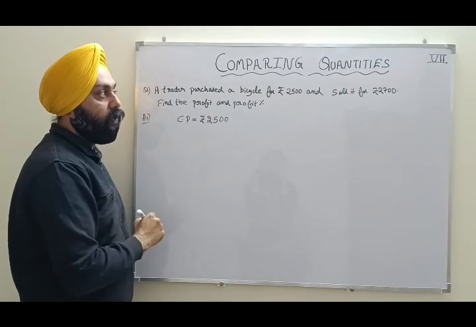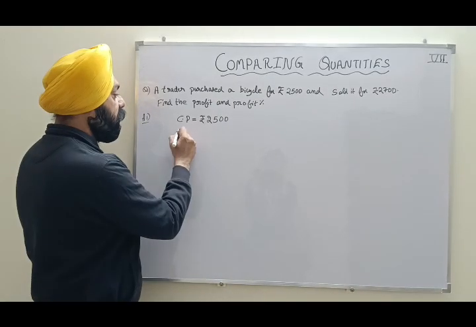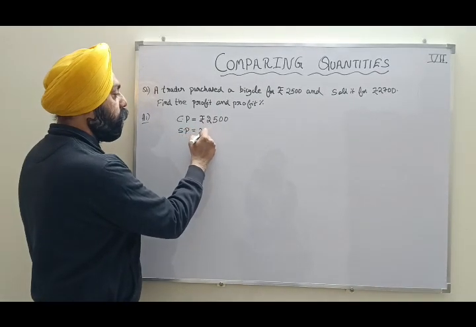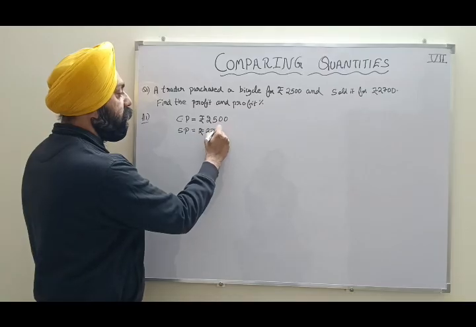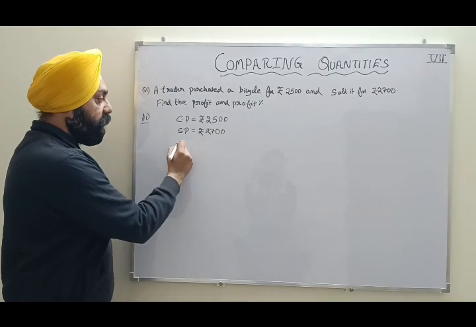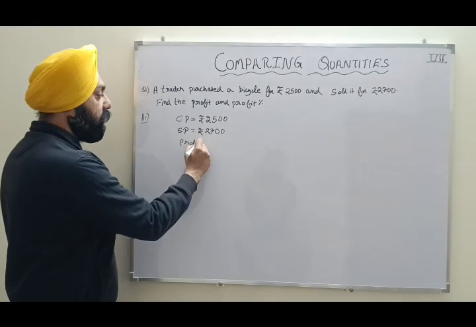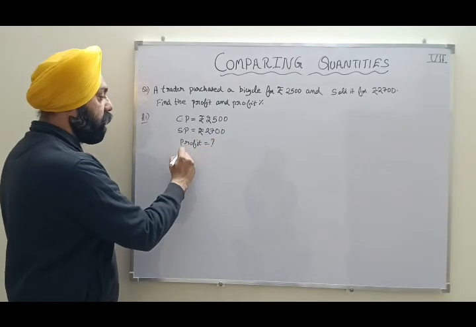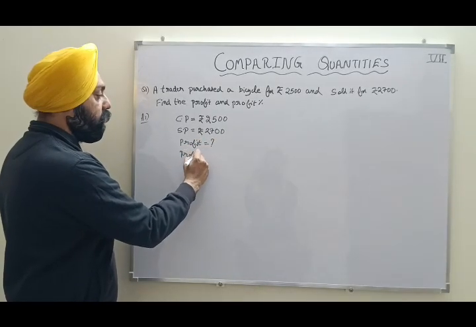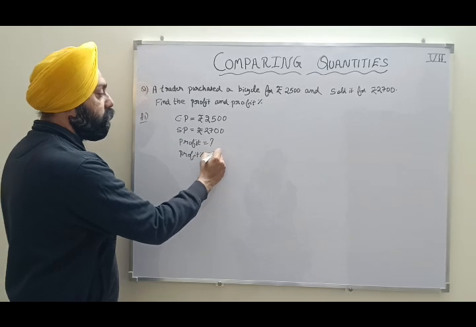And it is sold for rupees 2700, therefore SP is equal to 2700. What we have to find is profit. So we can write it like profit is equal to question mark, and profit percent also is equal to question mark.